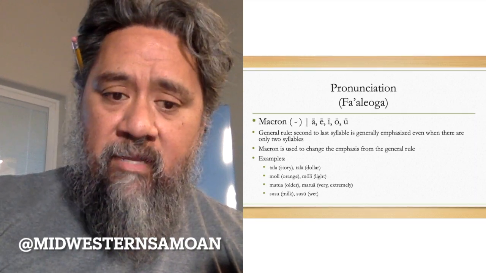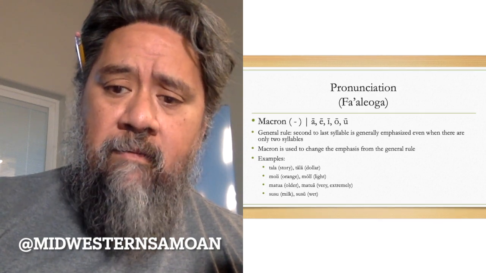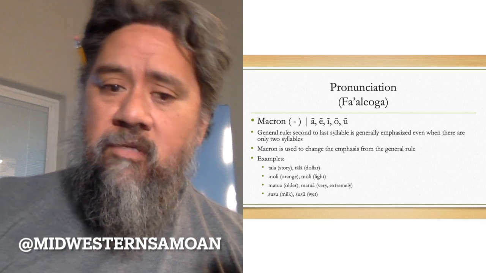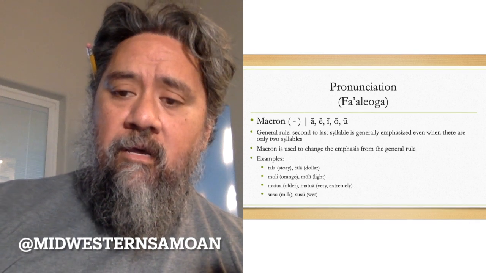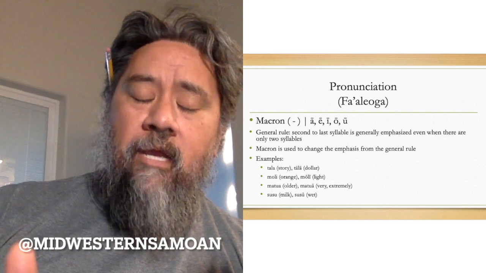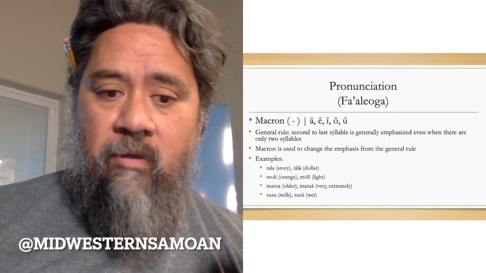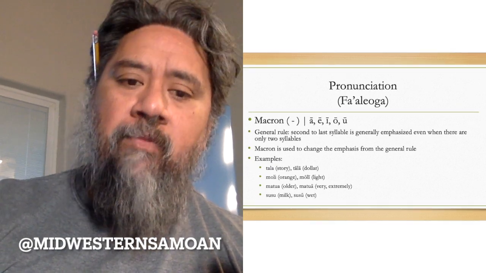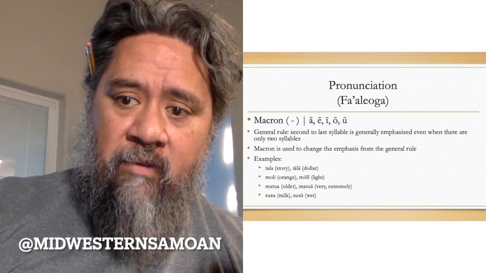And then you have these macrons over both of those a's, and it turns to ta'ala or ka'ala, which means dollar. So you can see how much of a difference it makes where you emphasize different syllables in the same spelling of a word. Then you have words like moli, which means orange. Moli means light. And then matua, there's three syllables there, right?